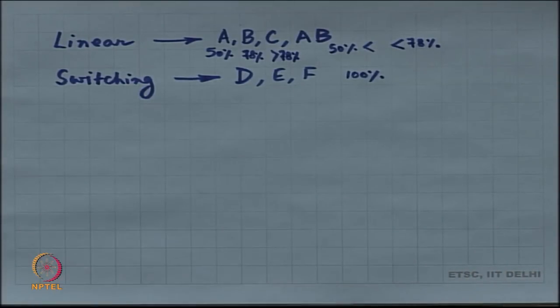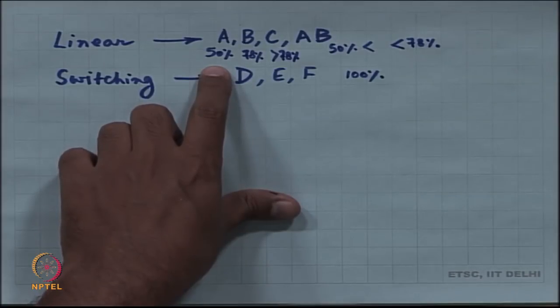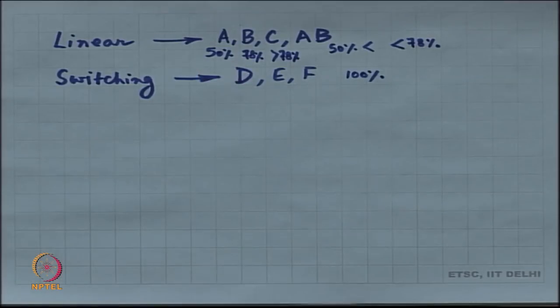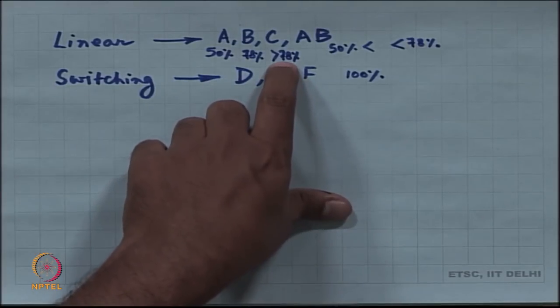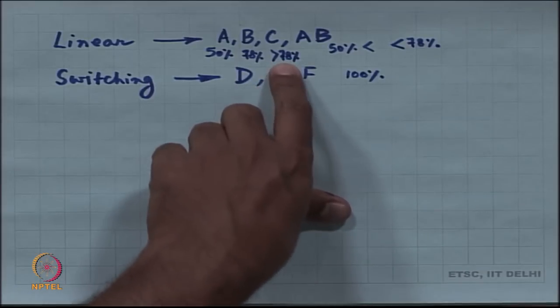For example, if you start designing a class A amplifier, then you are never going to achieve 50%. Your supervisor, your boss will be happy if you hit 25. Okay. You start designing a class C amplifier, you are never going to hit 78%, anything greater than 78%, it will be nice if you can manage 70%.